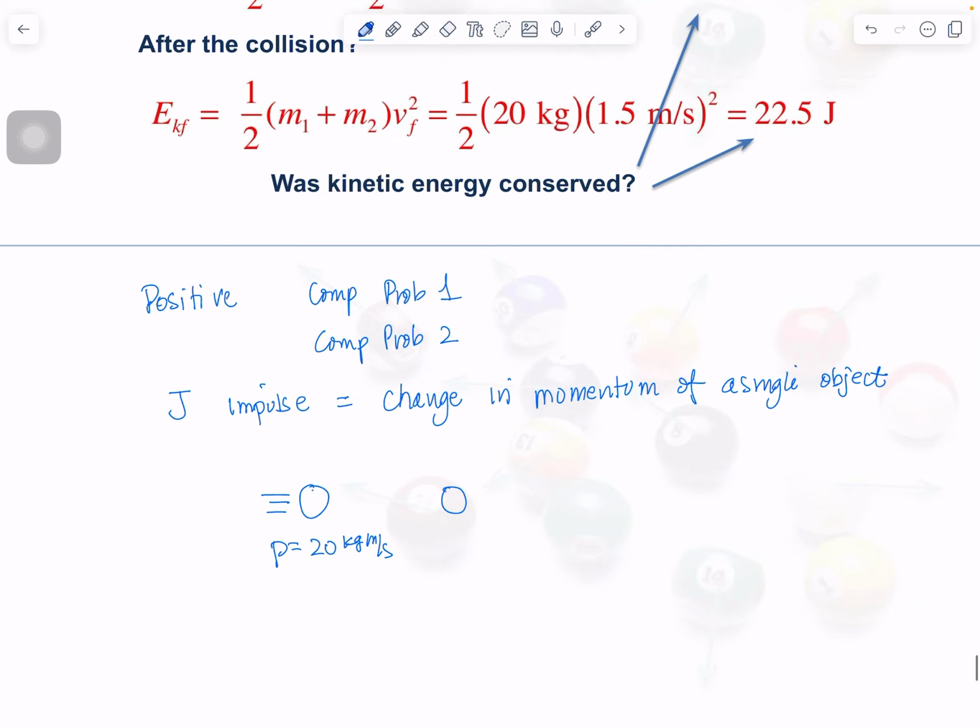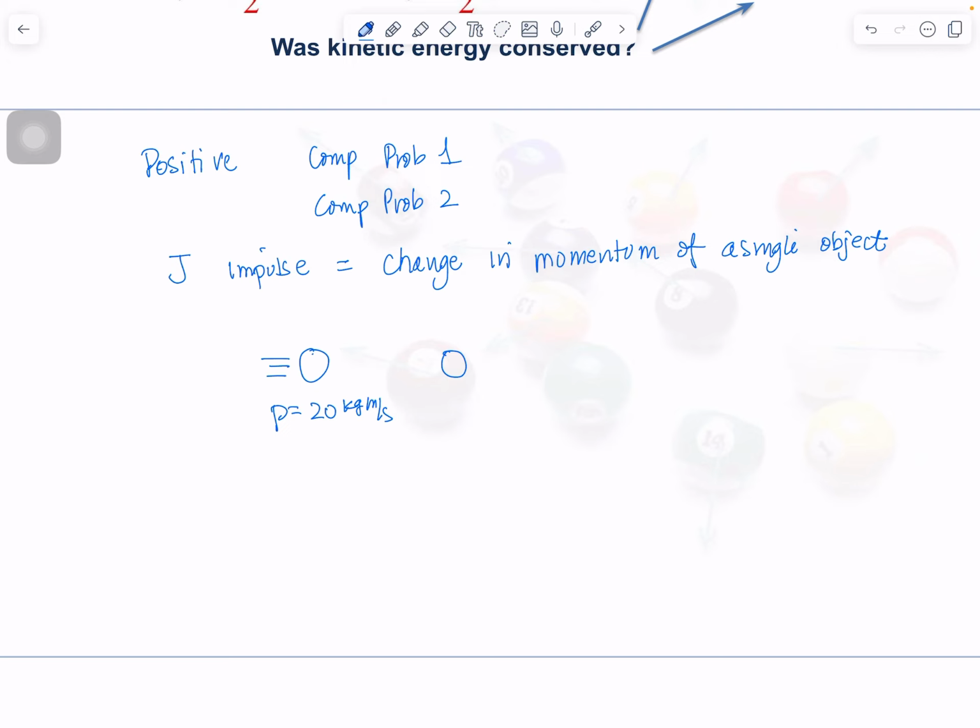So this is before. And then after, this ball is now going to the left at 20 kilogram meters per second. So that'll be a negative. That means that it actually had a change of minus 40 kilogram meters per second, because final minus initial.